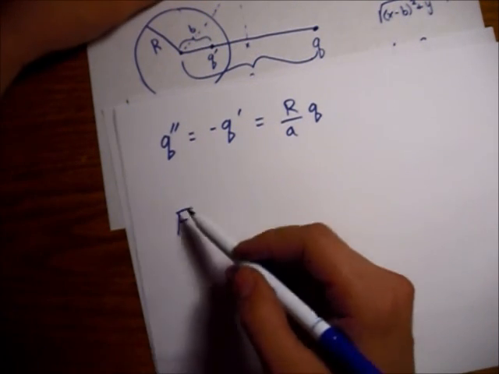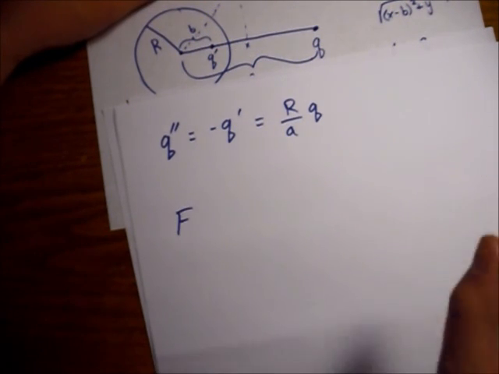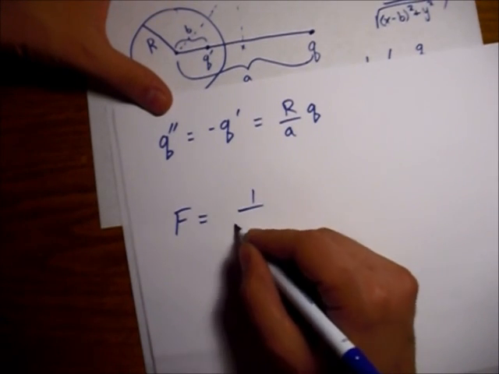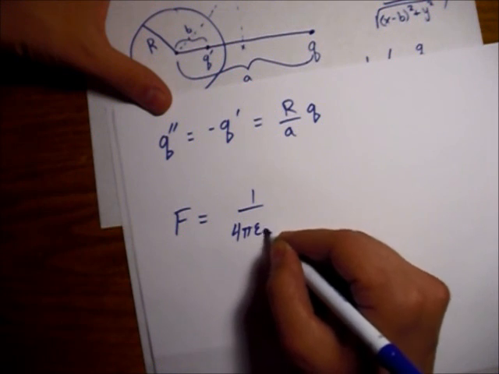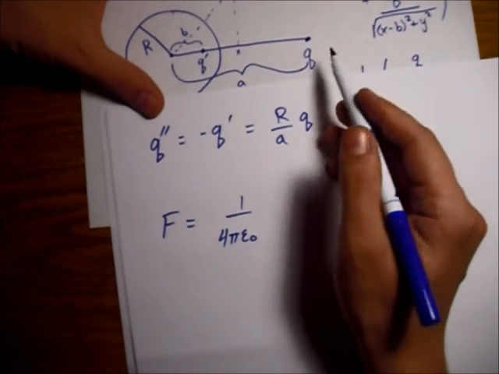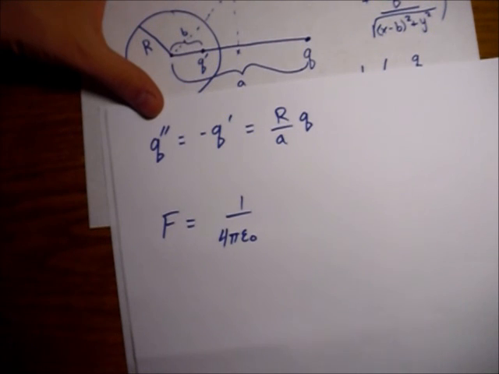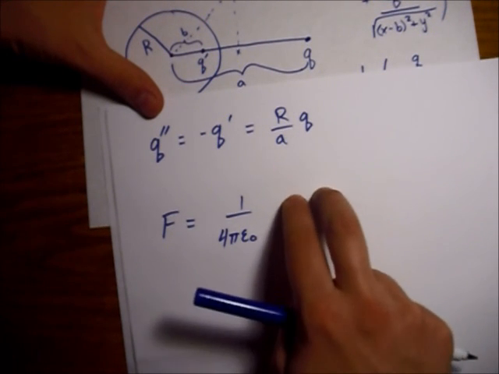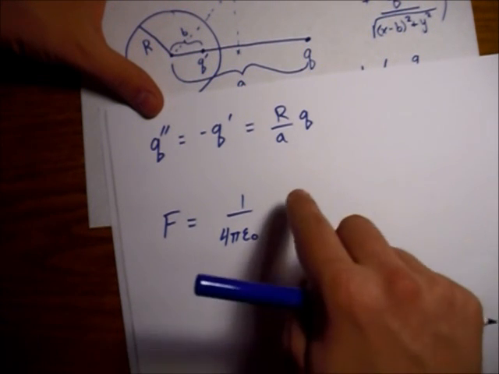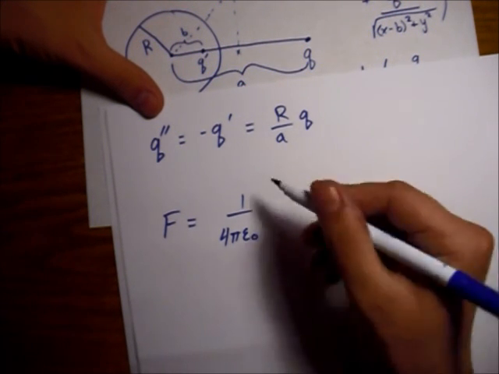We'll just go with magnitude. What we're looking for is the force of attraction, right? So let's put our 1 over 4 pi epsilon naught out front. Coulomb's law needs the product of the magnitudes of both charges divided by the square of the distance, for each pair of charges.